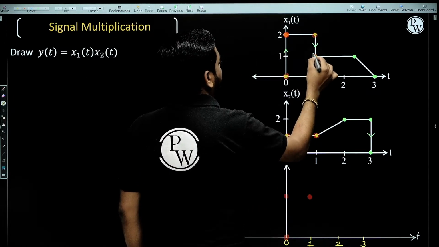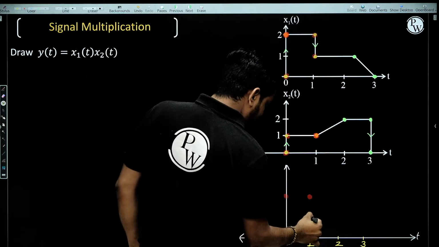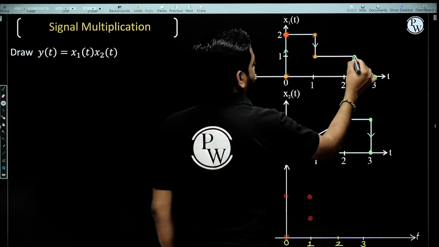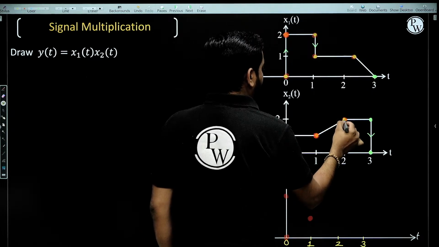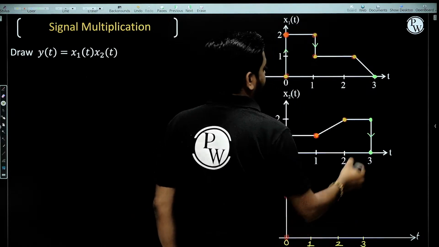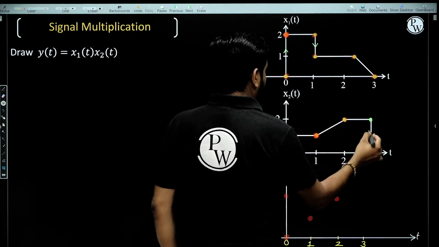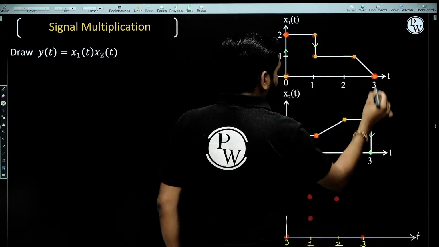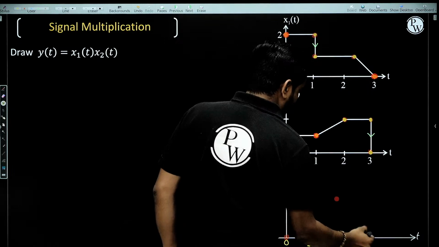Next, 1 into 1, it is 1. Next, here, this is 1 into 2, nothing but 2, guys. Then here, 0 into 2 is 0. And next, 0 into 0, it is nothing but 0, guys.